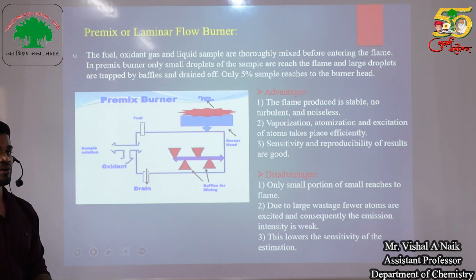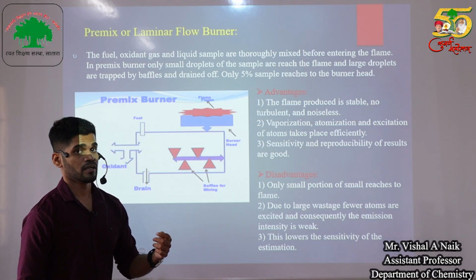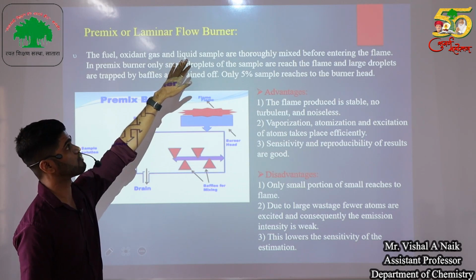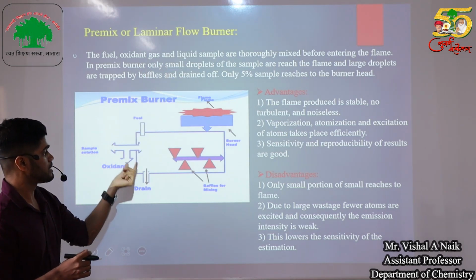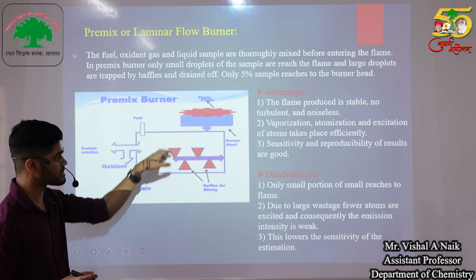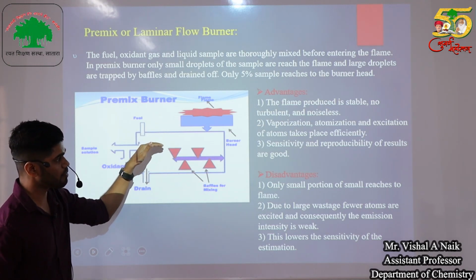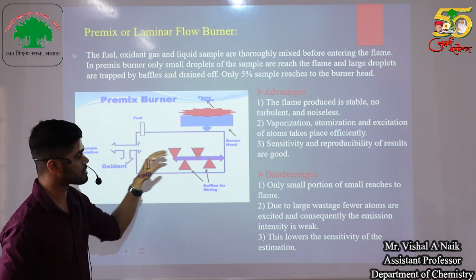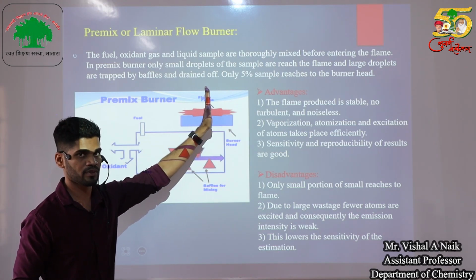Then the second type of burner is the premix burner. Premix, as the name suggests, is also called a laminar flow burner. In this case, fuel, sample and oxidant are first mixed here, and using baffles, the sample along with fuel and oxidant is filtered here and then introduced into a flame.